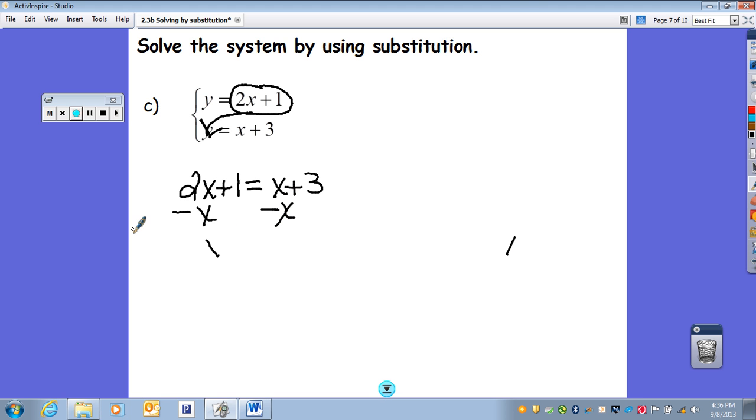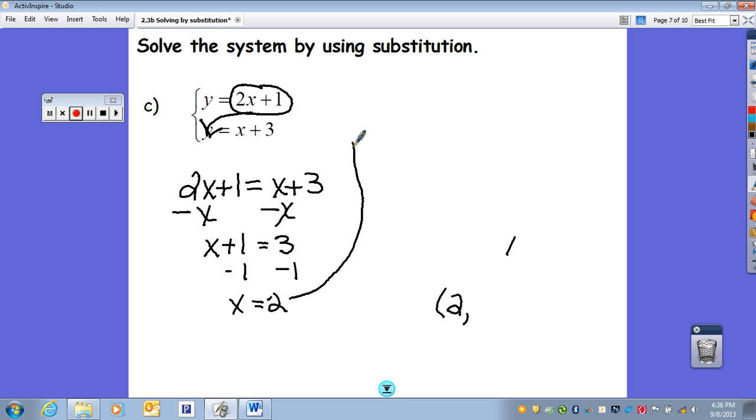x plus 1 is equal to 3. And I'm going to subtract 1 from both sides, so x is equal to 2. That is the first part of my ordered pair, the solution to my system. Now it doesn't matter which one we plug it into. I'm just going to pick the top.